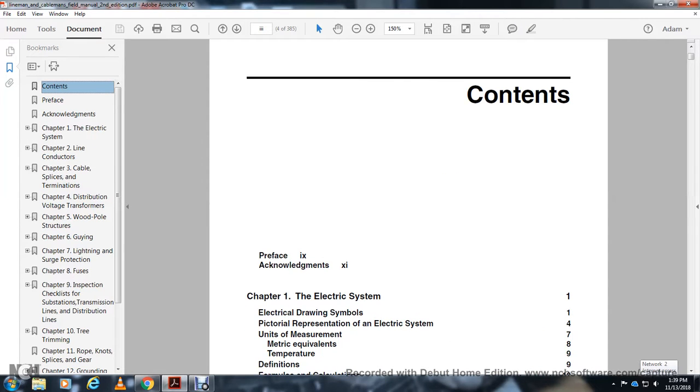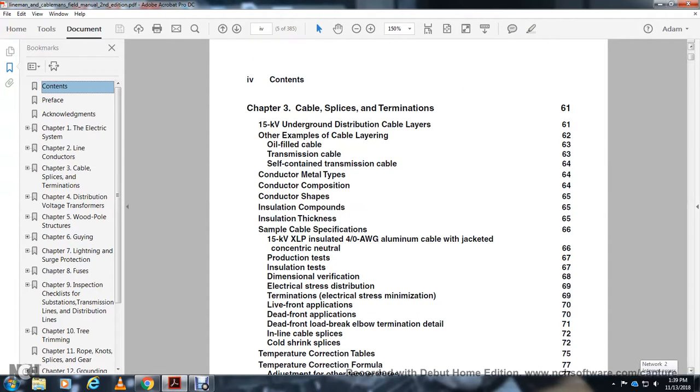Alright, contents. Chapter 3, cable splices and terminations. 15 kilovolt underground distribution cable layers, other example, the cable layering, oil-filled cable, transmission cable, self-contained transmission cable, conductor metal types, conductor composition, conductor shapes, insulation compounds, insulation thickness, sample cable specification: 15 kilovolt XLP insulated 4/0 American wire gauge aluminum cable with a jacketed concentric neutral.